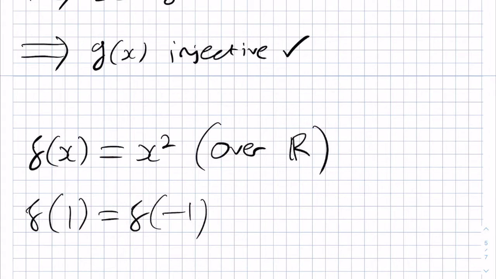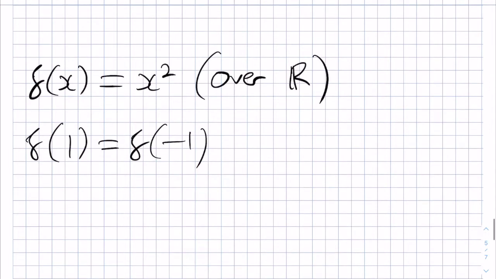So this will be our non-injective f of x, but then we want f of g of x to be injective as a composition. We know that h of x, with a new variable h, equal to x, is injective.